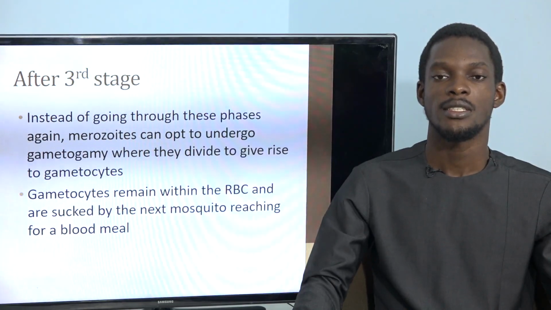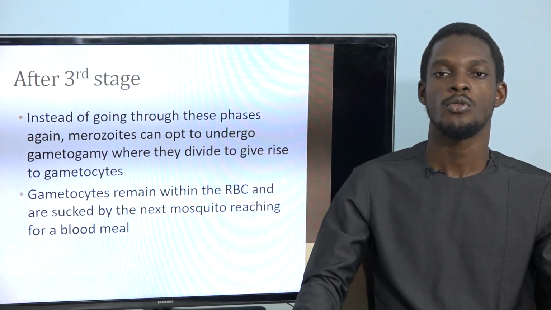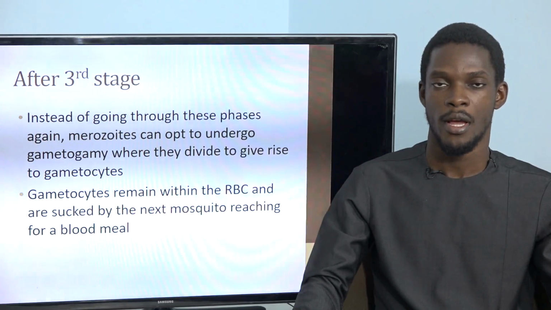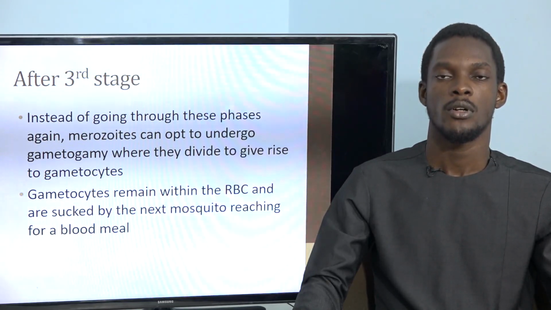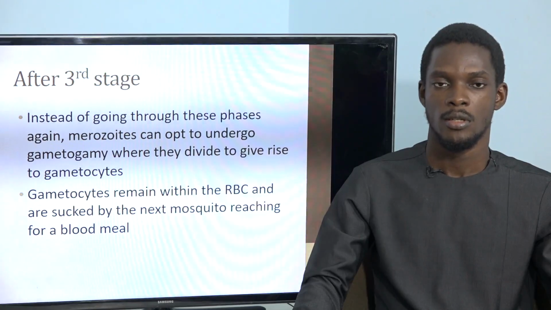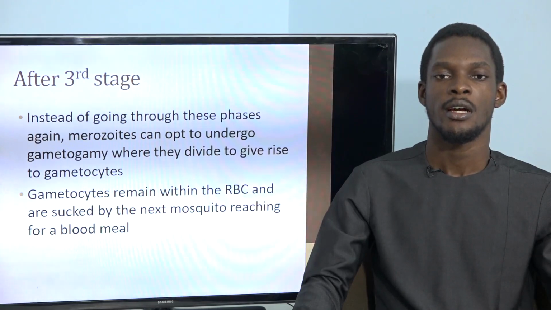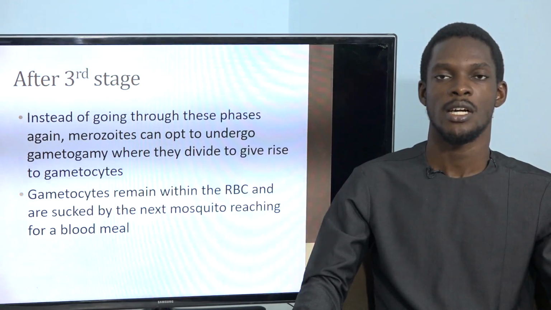After undergoing this third stage, instead of going through all these phases again, not all the merozoites go on to destroy other red blood cells. Some merozoites opt to undergo gametogamy and divide to give rise to gametocytes.